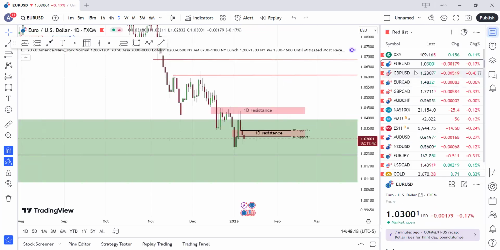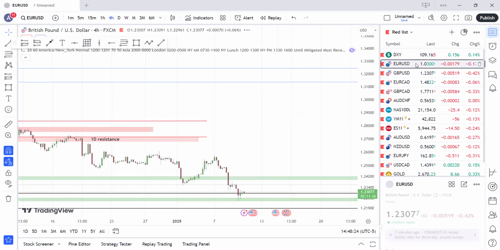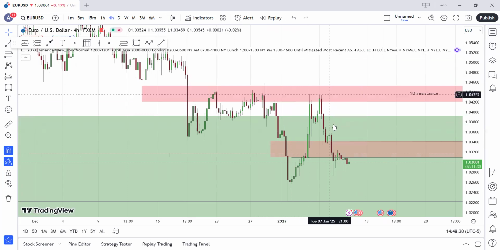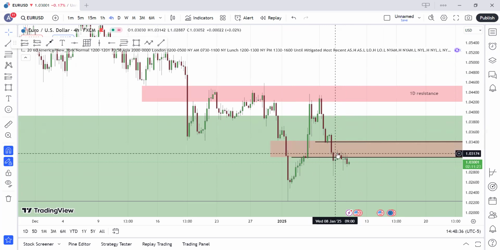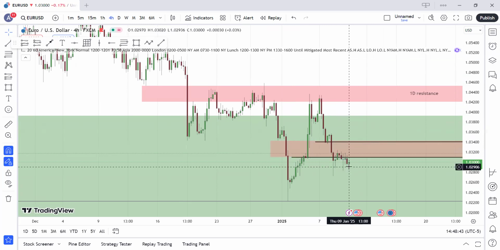Then lastly, GBP USD. Oh, wait, sorry about that. I was supposed to look at the 4 hour, but it's straightforward nonetheless. As you can see, we went down. So what I wanted to see here is price. It did, right here with this green candle, tap into that fair value gap or that resistance area and trade lower.